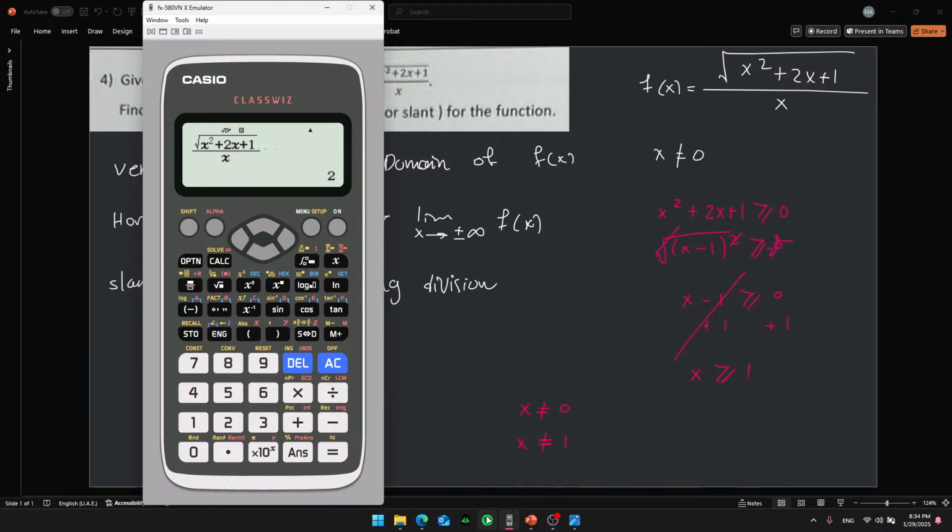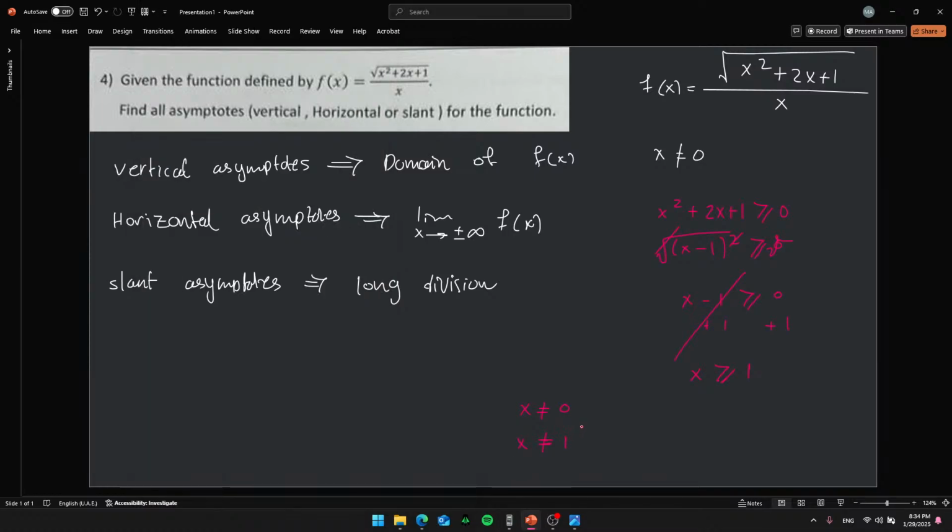So 1 is not a vertical asymptote. 0 is the only vertical asymptote. Okay? So x equals 0 is a vertical asymptote.